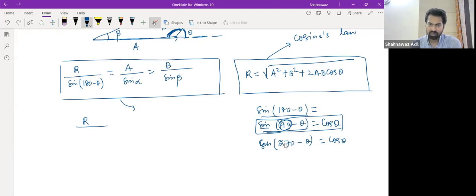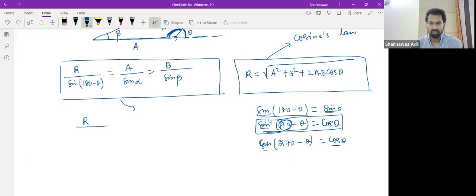Whenever we have an odd multiple, sine changes to cos. And for sine 180 minus theta, it is sine theta only, not minus sine theta. So now you remember. Yeah, sine theta is the correct answer. And whenever we have an even multiple, 90 into 2 is 180, sine doesn't change, right?